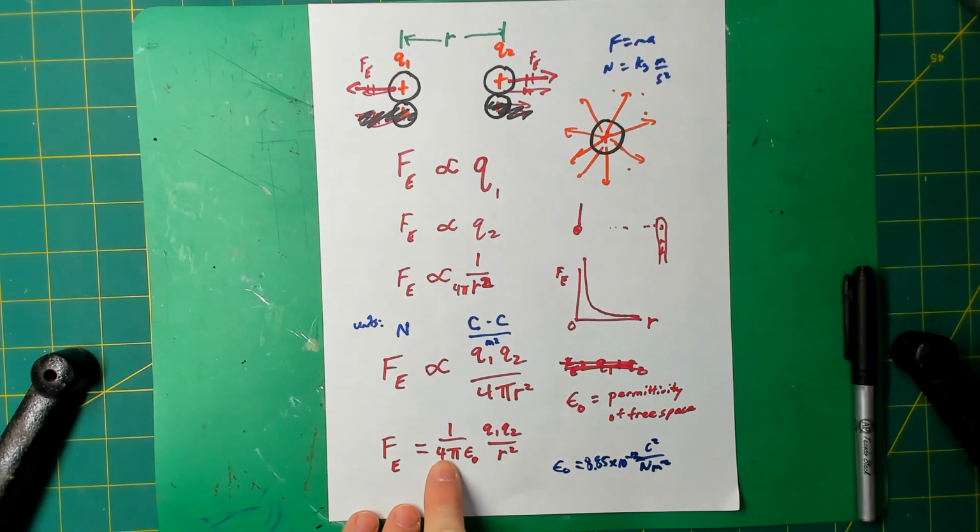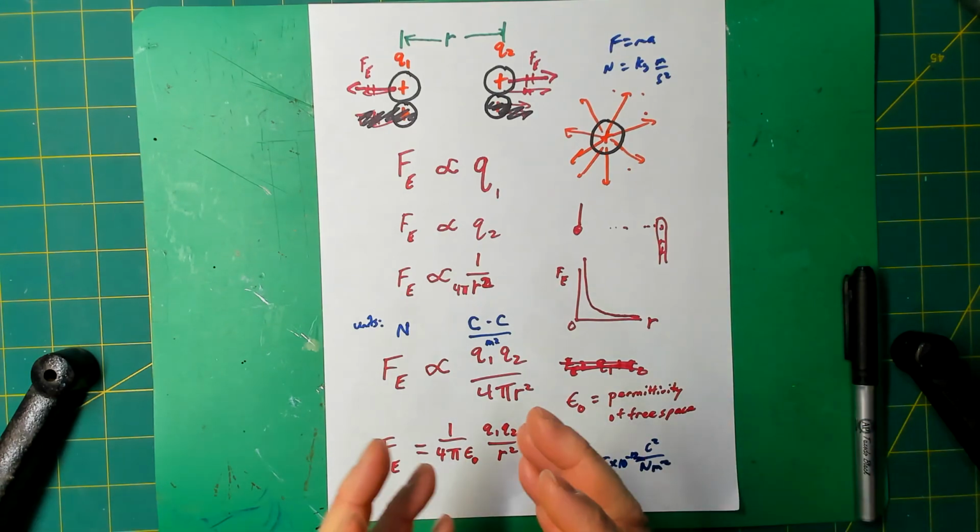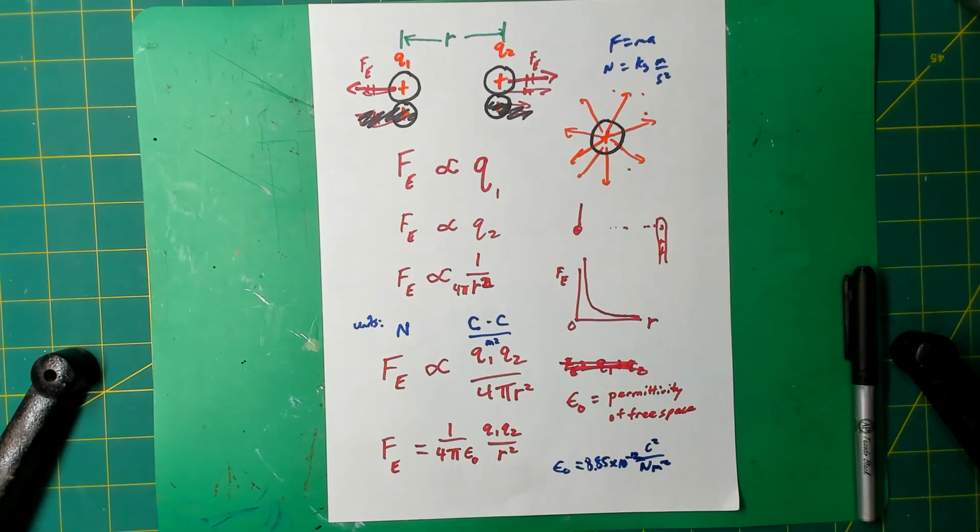Now, because 4 and pi are constants and epsilon naught is a constant, it's more convenient to just lump them all together into one number. So if you actually took 1 divided by the quantity 4 pi times 8.85 times 10 to the negative 12, you could lump that together into just one value. And a lot of times in first year physics, we'll write the equation that way.